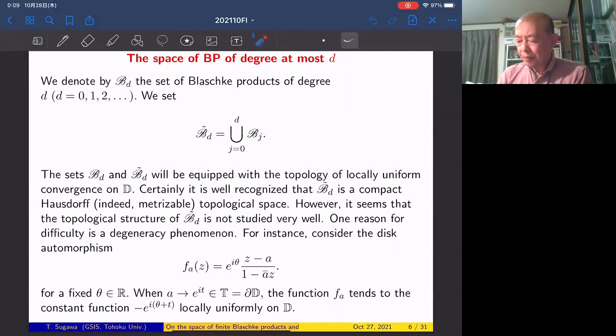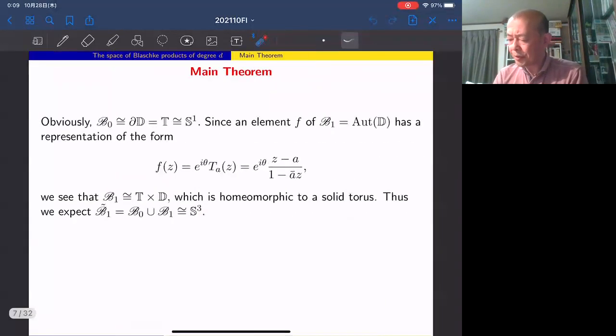So how do we understand the topology? On the other hand, we can make the following observations. Maybe the simplest one is B naught, which is just the set of unimodular constants, obviously the same as the unit circle. This is very simple. And what about B1?